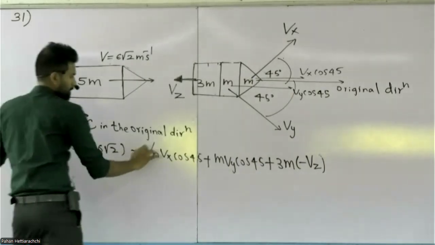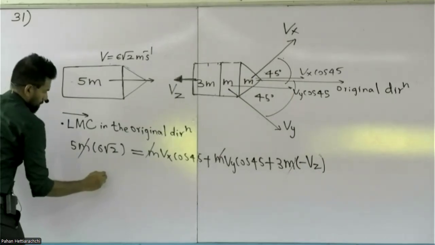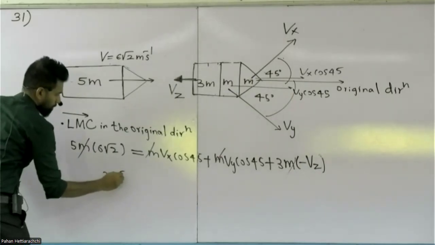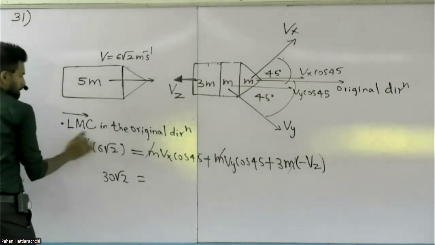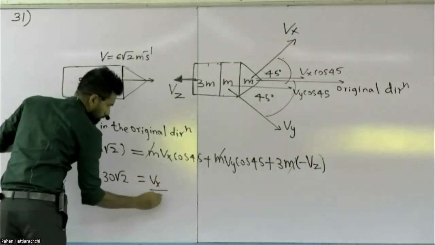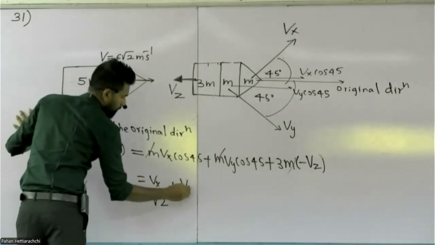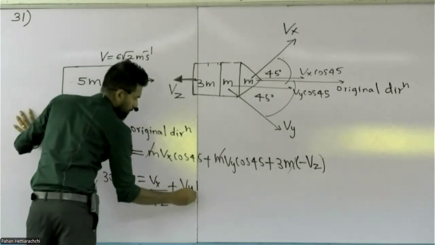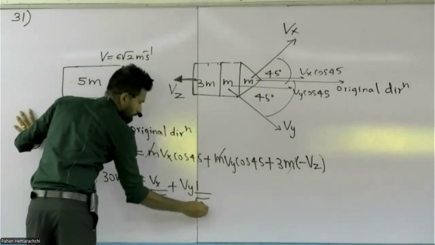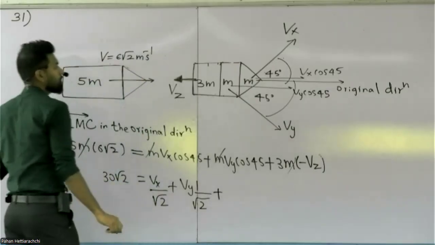Okay, m will cancel out. 30√2 equals Vx cos 45, 1 over root 2, plus Vy cos 45, 1 over root 2, plus 3 into minus Vz.